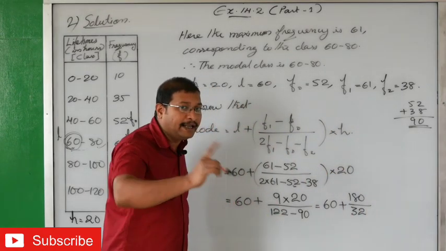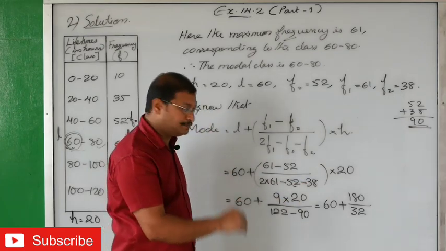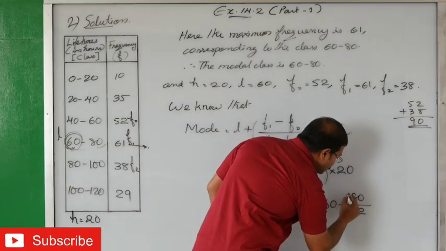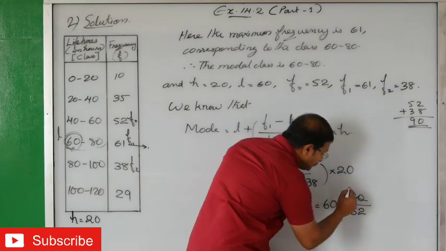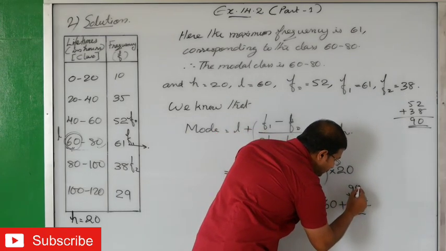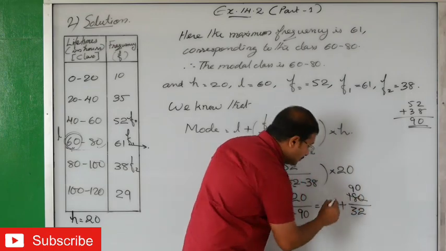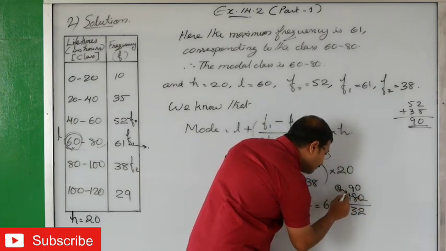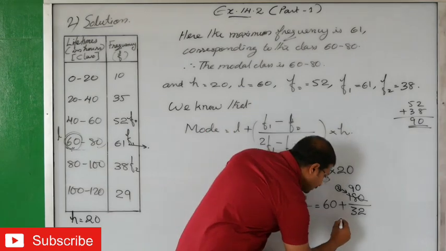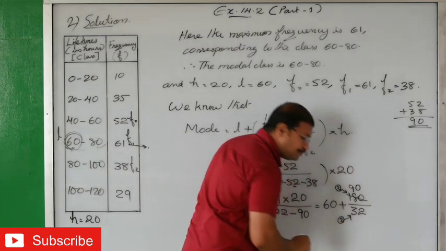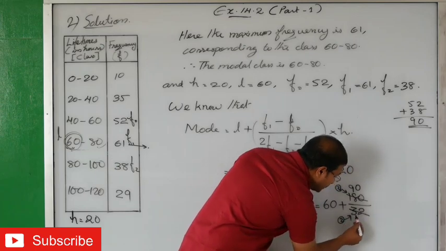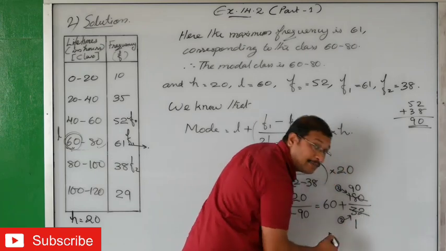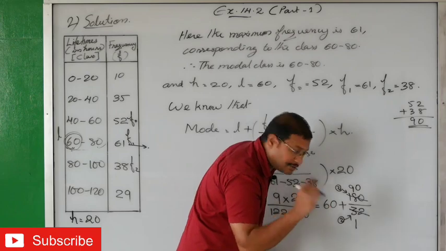Now we will cancel by 2. 2 how many times 18? 2 9s are 18, and this 0 will be written up. So I am cancelling by 2. Same here, we have to cancel by 2. 2 1s are 2. From 3 we took 2. Balance is 1. 1 and 2, that means 12. 12 means 2 6s are 12.